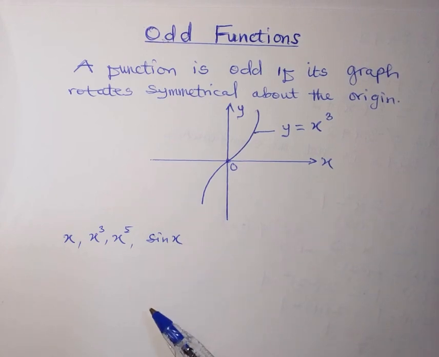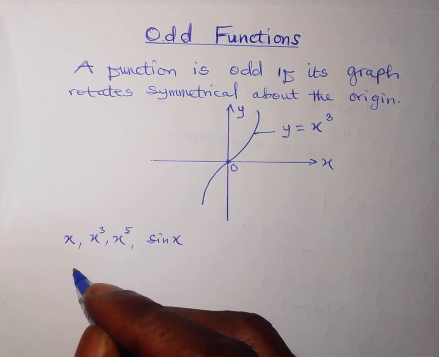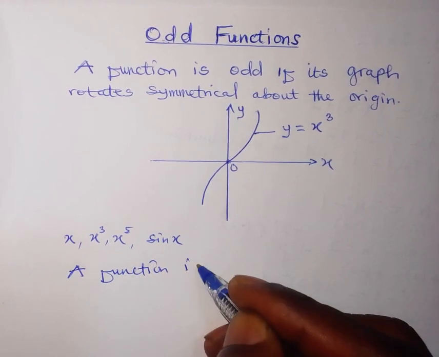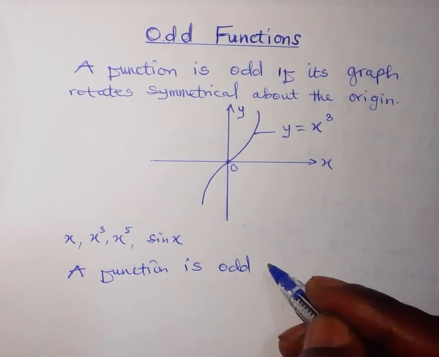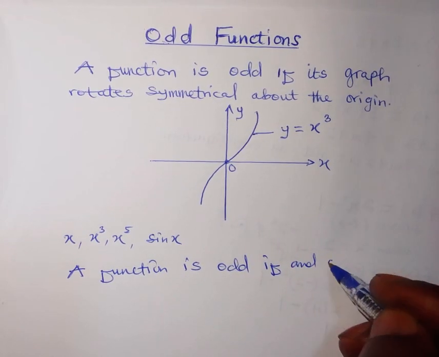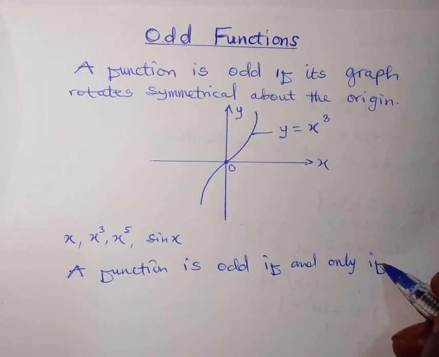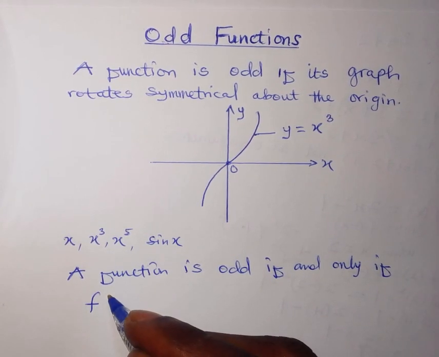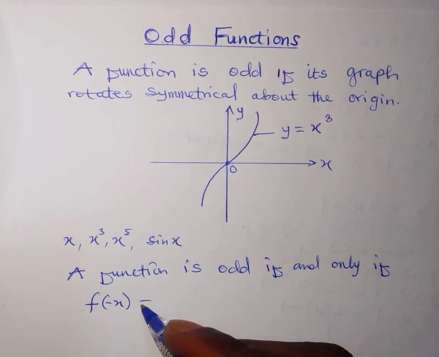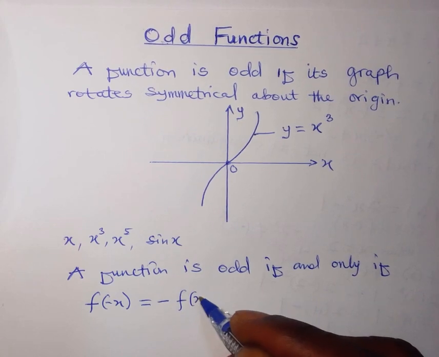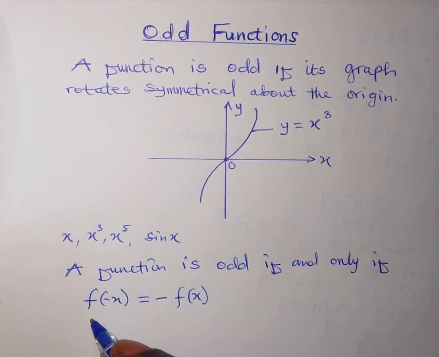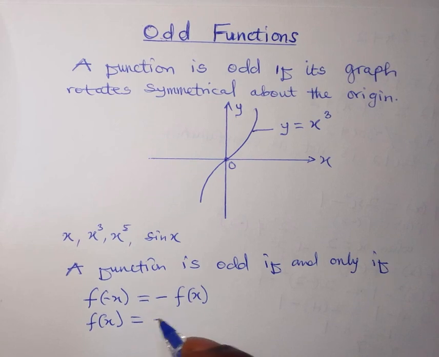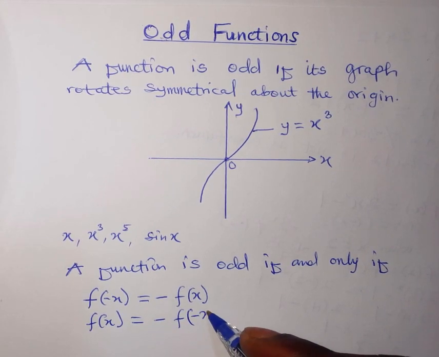Algebraically, we can say that a function is odd if and only if f at negative x is equal to negative f at x, or equivalently, f at x is equal to negative f at negative x.